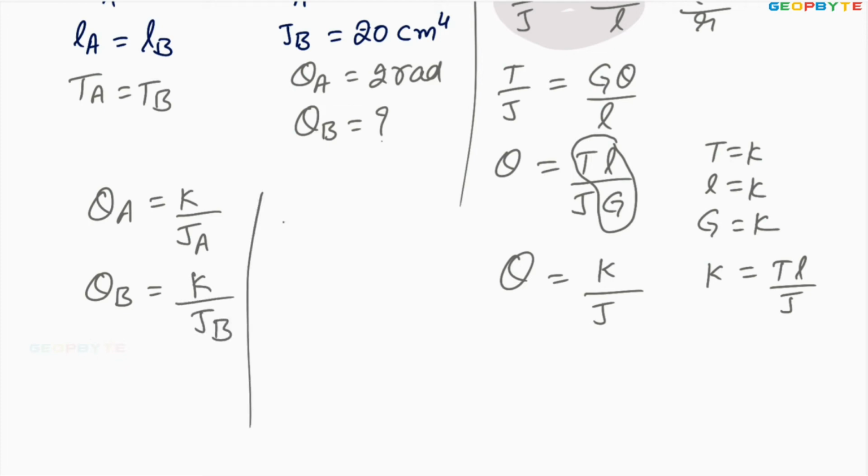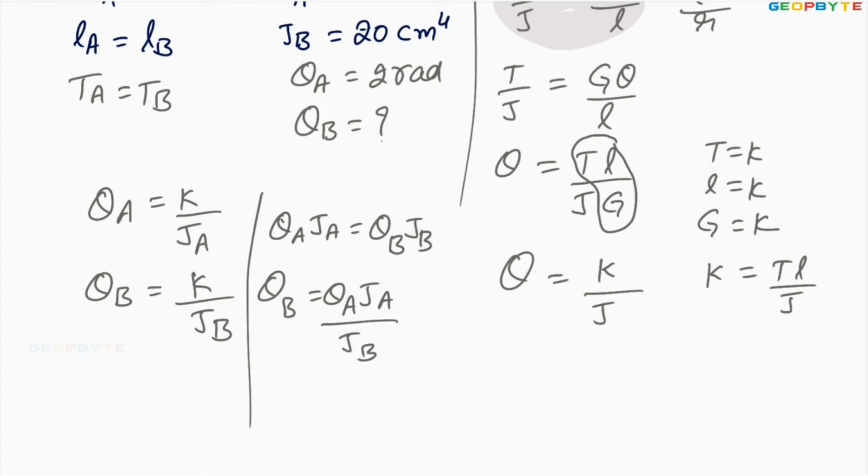Otherwise, I can write that theta A JA equal to theta B JB. Now you are asked to find theta B, which equals theta A into JA divided by JB.